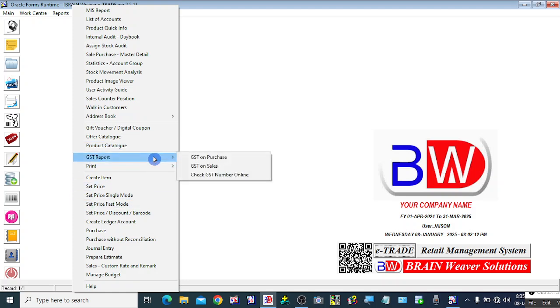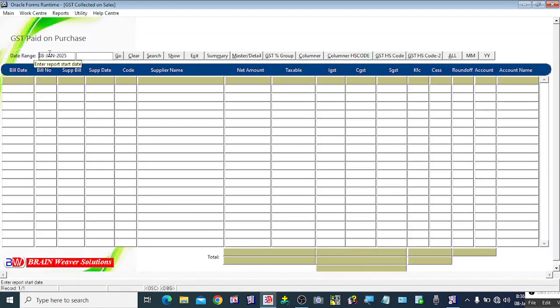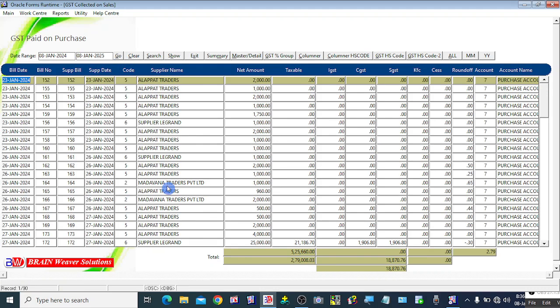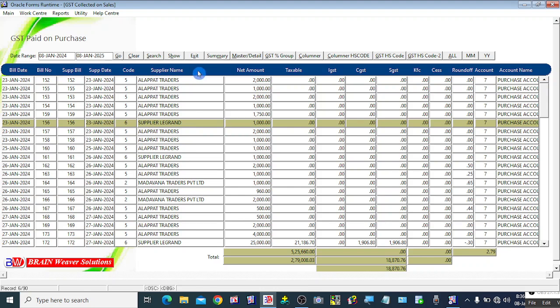In a similar way, you can also generate GST on purchase every month. Click on the GST on purchase, enter the date range for which you wish to generate the GST report, and by clicking the Go button, whatever purchases you have made during this period, the system will automatically display that information on the screen, and by choosing any of the GST report formats, you can generate the report.